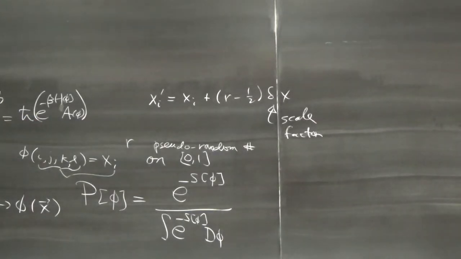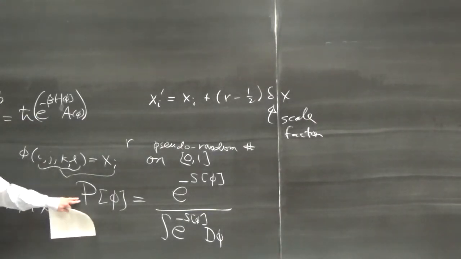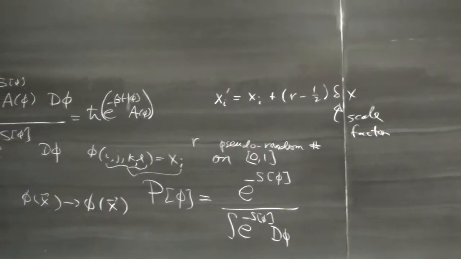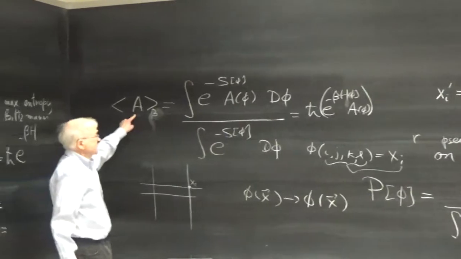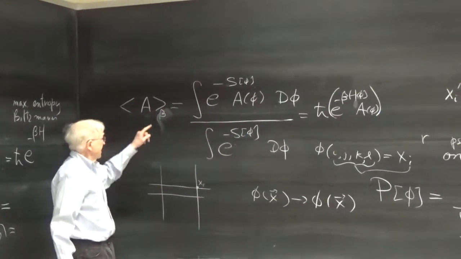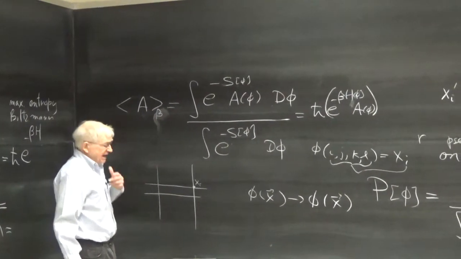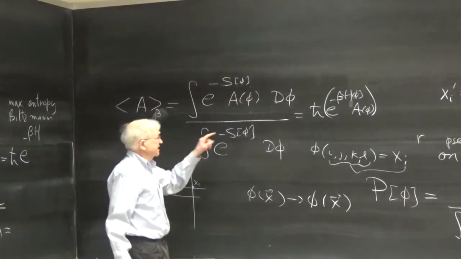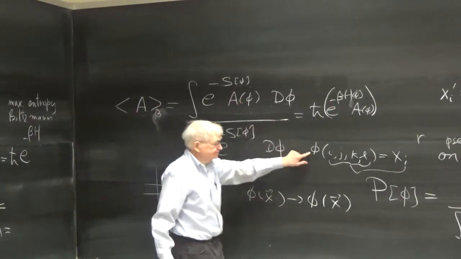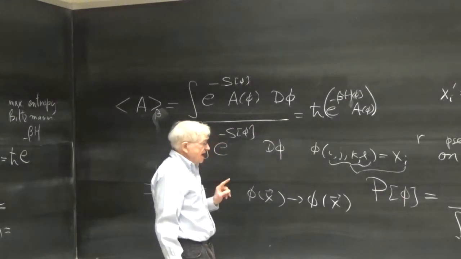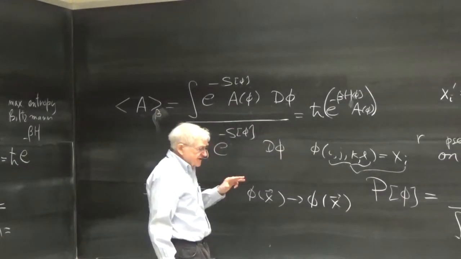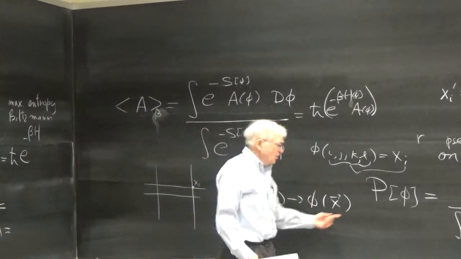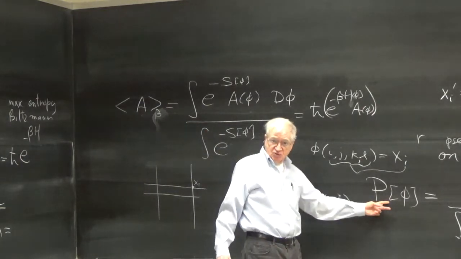So the probability distribution is this, and what you want to get as A is you want to average A over a set of particular values of the field, and you want those values of the field to be distributed among all possible values of the field according to this probability distribution.